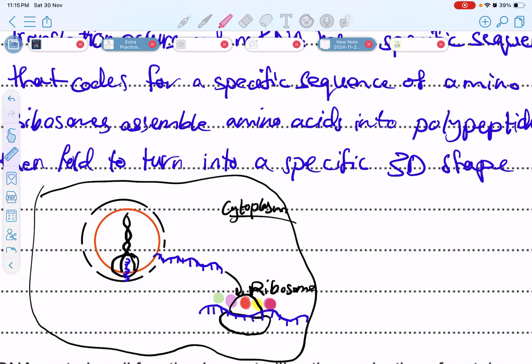So then the ribosomes are going to assemble the amino acids into polypeptide chains. They're going to be long chains, which are then going to fold to form a complex 3D shape.